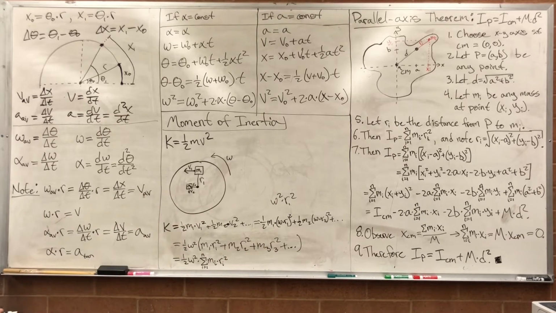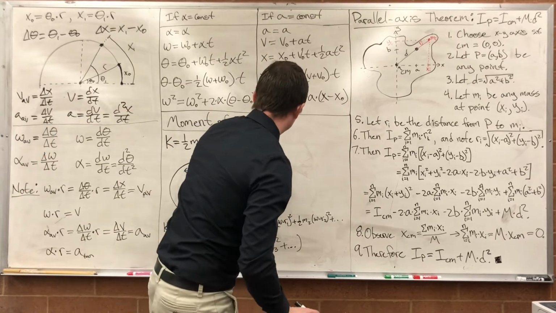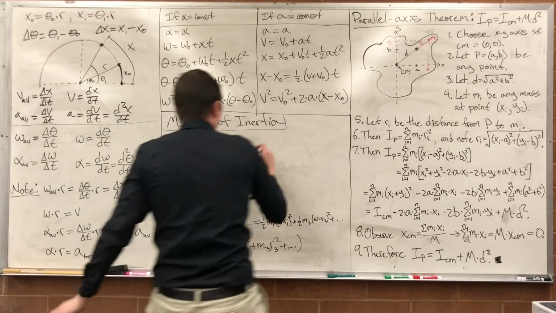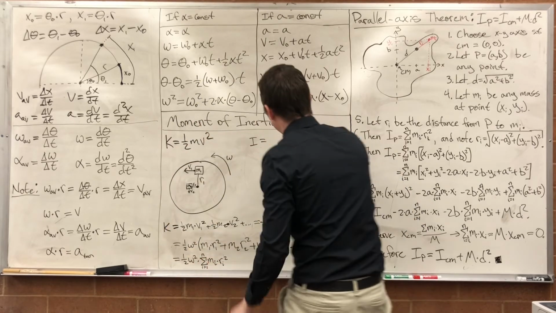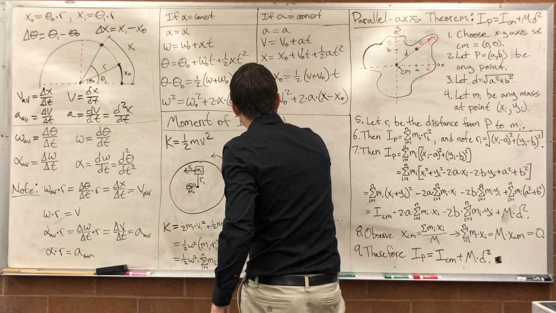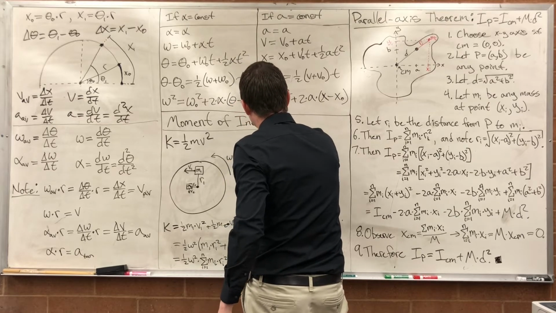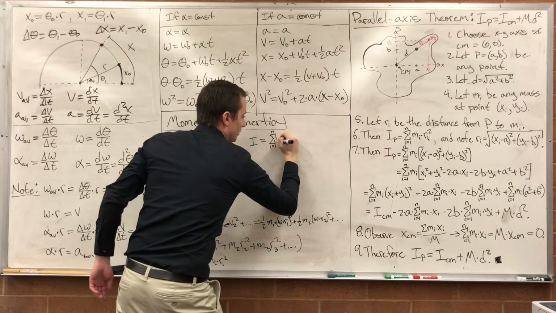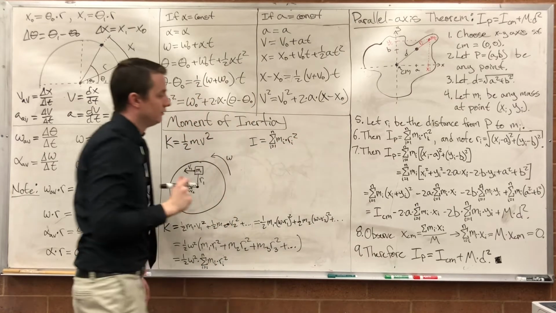Right? Okay. So then what is the moment of inertia? The moment of inertia, I, is that quantity right here. I is equal to the sum from i equals 1 to n of m sub i times r sub i squared.